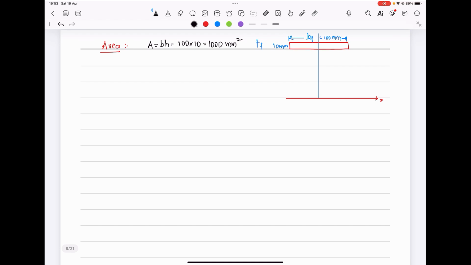Then we have to find out the first moment of area. One value has come. This is for the flange. Next is first moment of area. First moment of area is integral y dA.